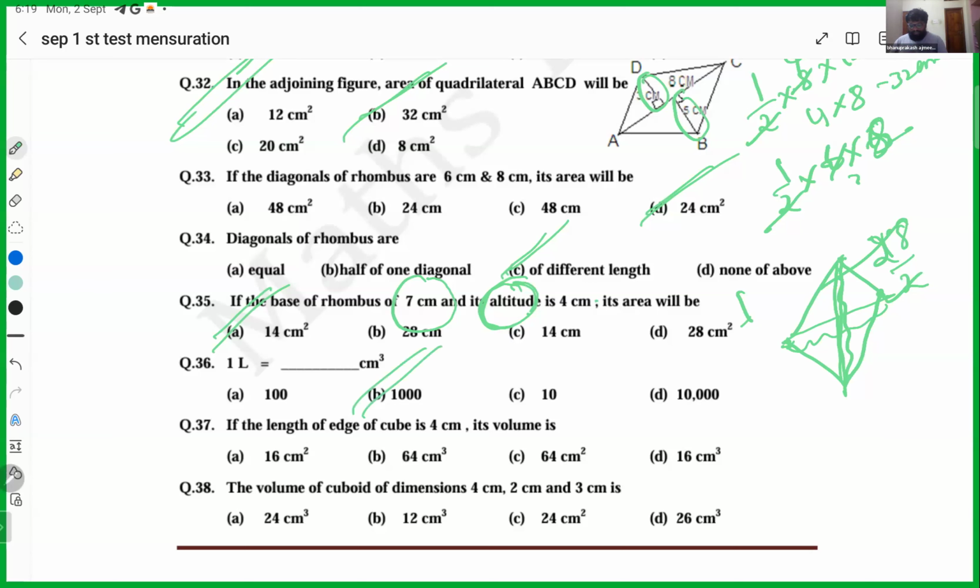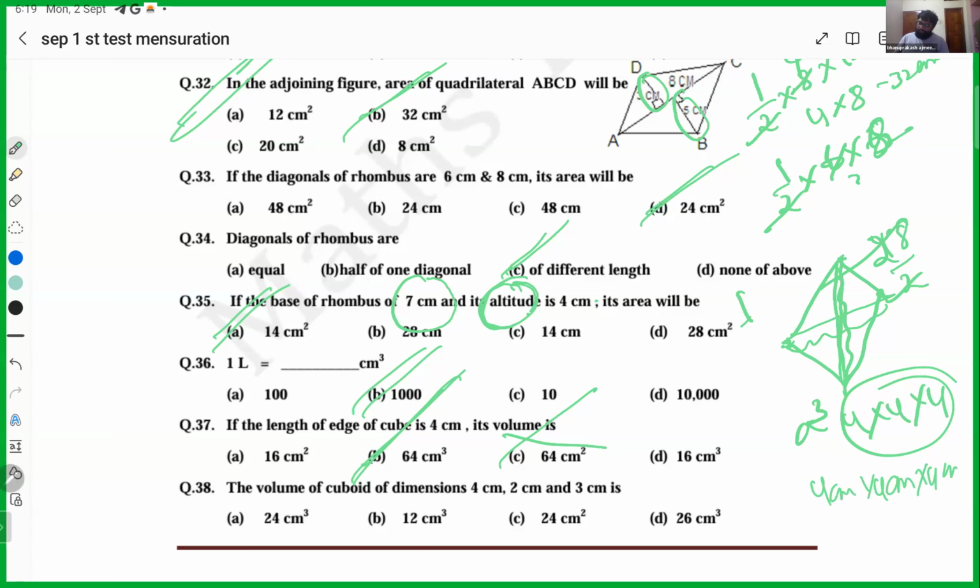If the length of the edge of a cube is 4 centimeter, the volume they are asking. You know what is volume? That is a cube. 4 into 4 into 4 is 64. Sorry, this is centimeters, so this is centimeter cube. Why I gave this question is, you have to always be cautious when you are choosing your option. Volume here you are multiplying 4 centimeter into 4 centimeter into 4 centimeter.